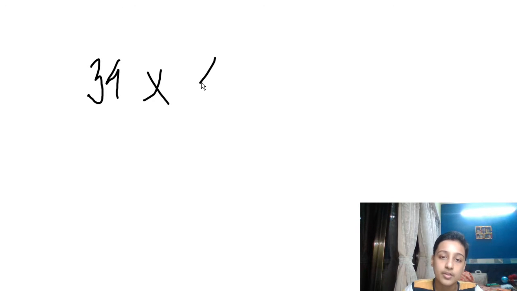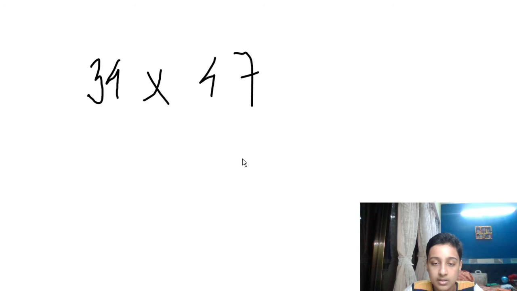The first step is to multiply the unit digits of both of these numbers. So we've got 4 and we've got 7. We multiply them both, we get 28.